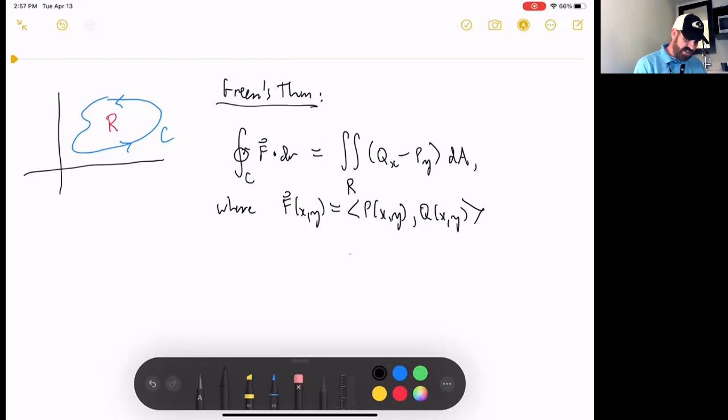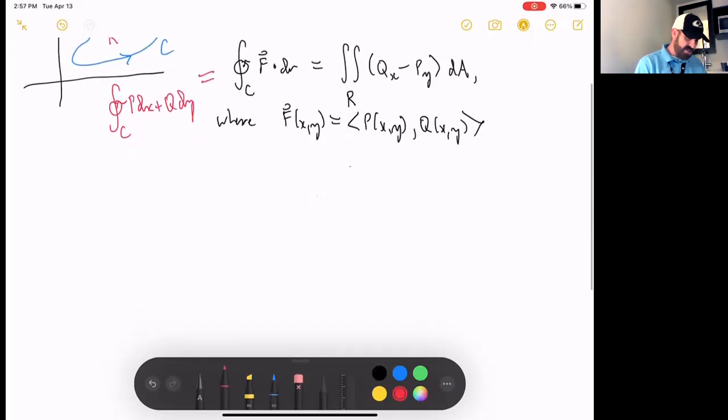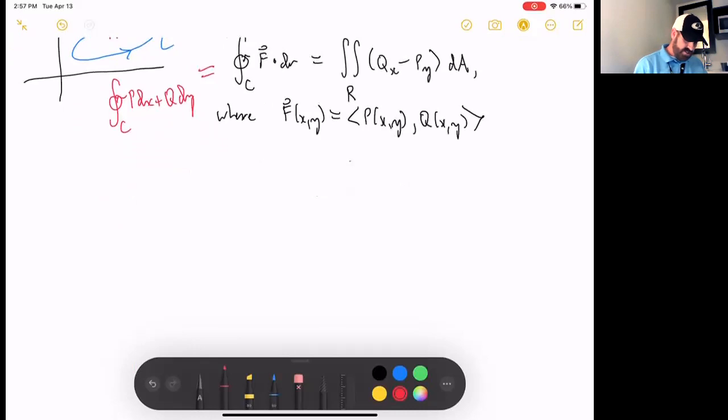And please don't forget that you can also write these line integrals this way, the integral over C of P dx plus Q dy, if you will recall. So let's do an example here, just to get our feet wet and remember what we did last time.